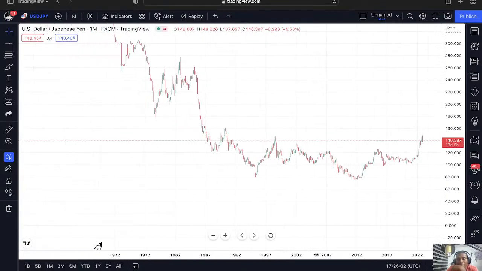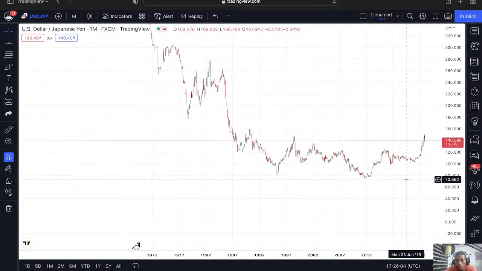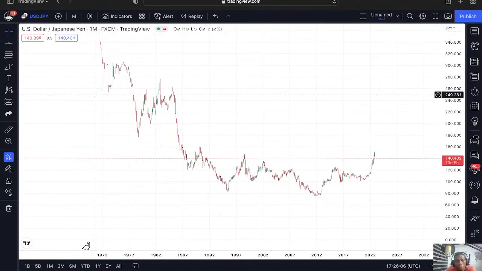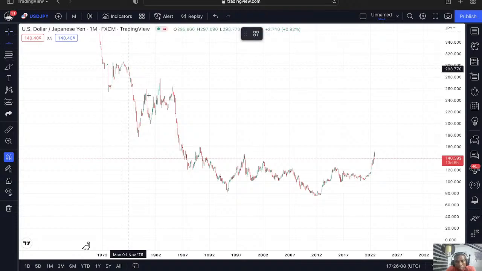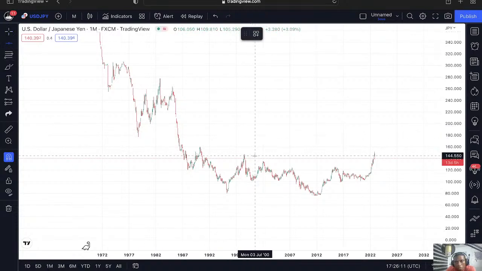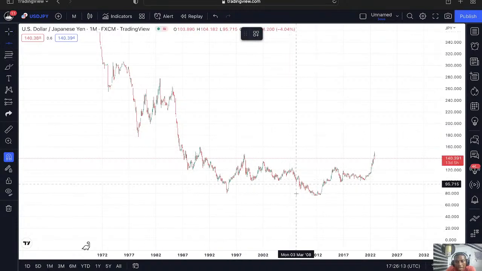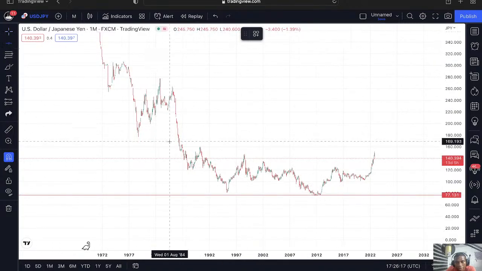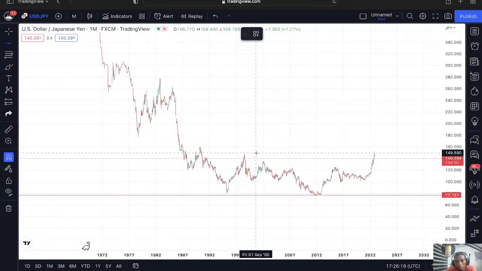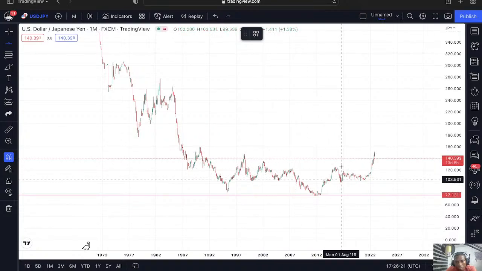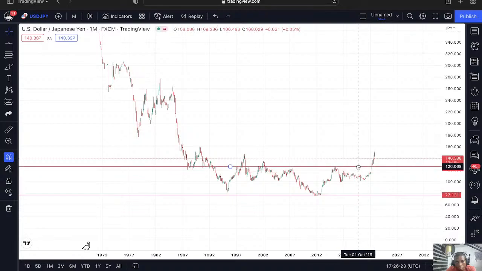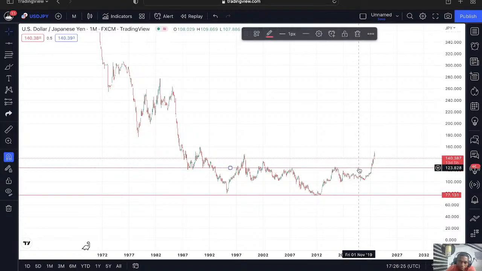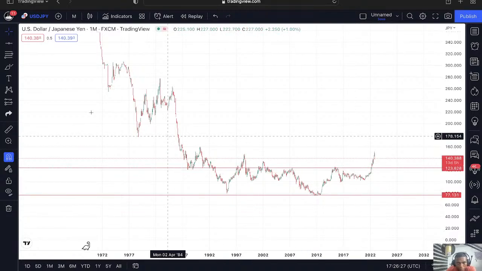So from the monthly time frame, you can see that for a while now we've had a ranging chart on the monthly time frame.